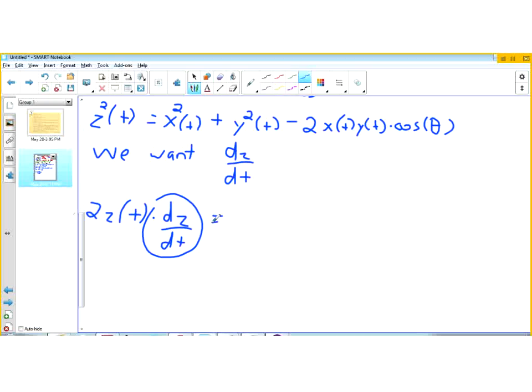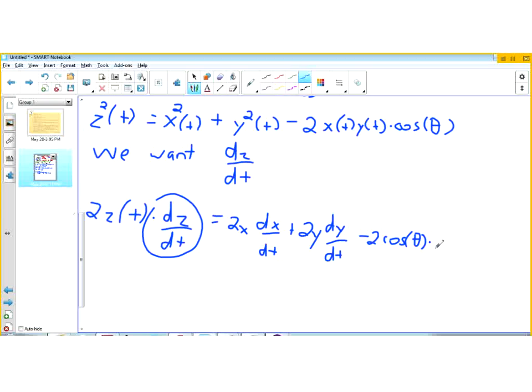So 2 z of t times the change in z with respect to time, and then we differentiate each of the terms. That would be 2x times the change in x with respect to time, plus 2y times the change in y with respect to time, minus, and now we have to use the product rule for differentiation. 2 cosine theta is a constant since theta is not changing with respect to time.